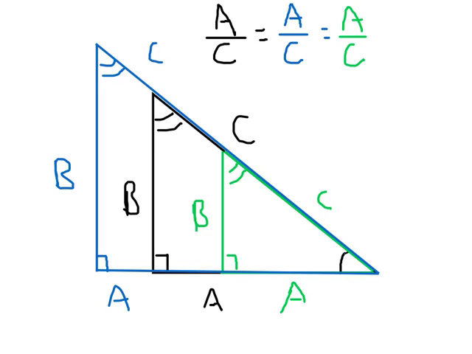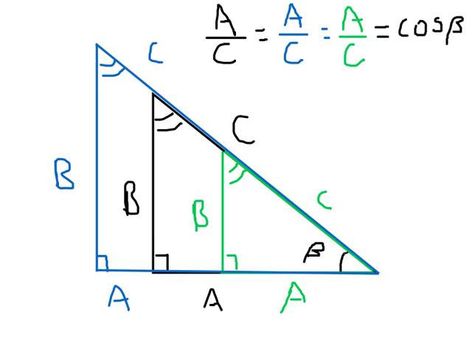And we are going to define this as for all of these triangles, side A divided by side C is the cosine, which we abbreviate as COS, of angle beta. Angle beta is the one right here over on the right.